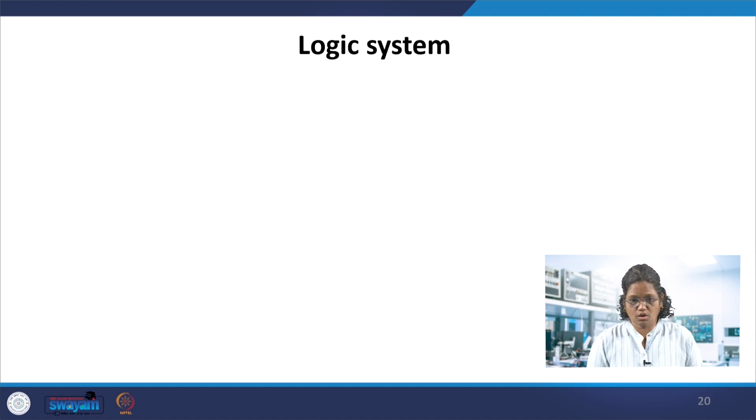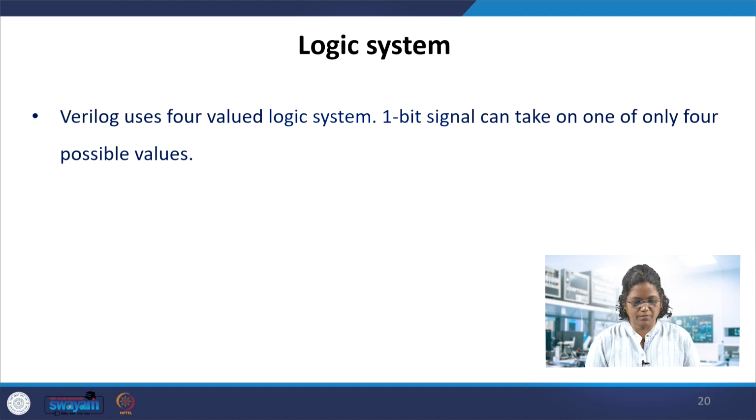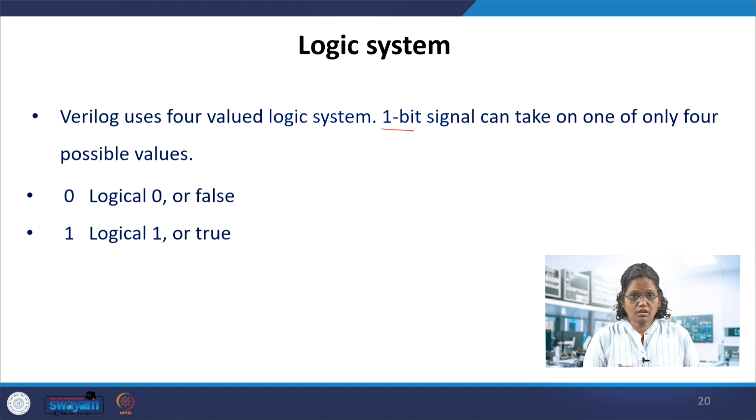And we have the logic system. Verilog uses a 4-valued logic system. Here a 1-bit signal can take on one of only 4 possible values. 0 is a logical 0, false. 1 is logic 1, or true.